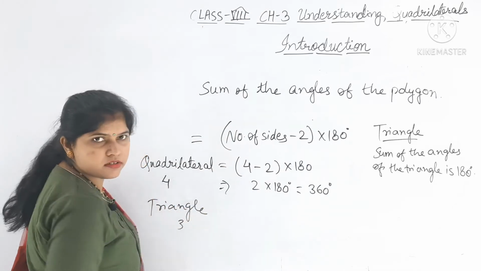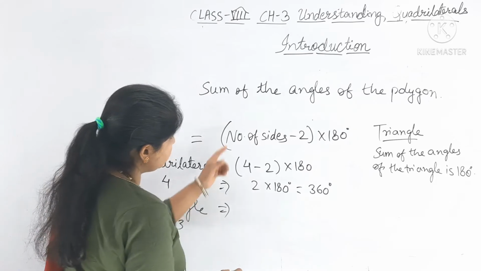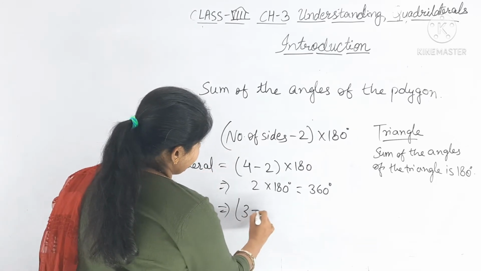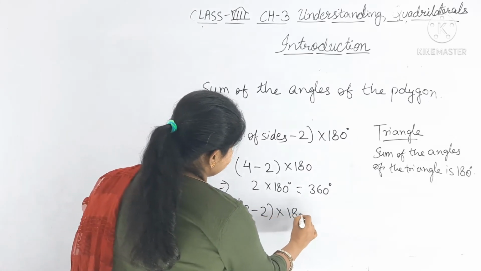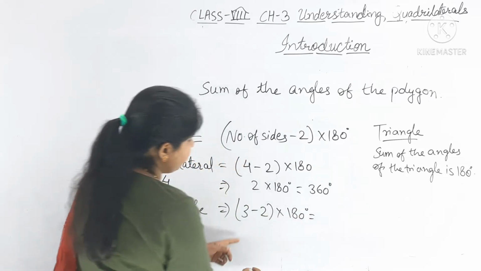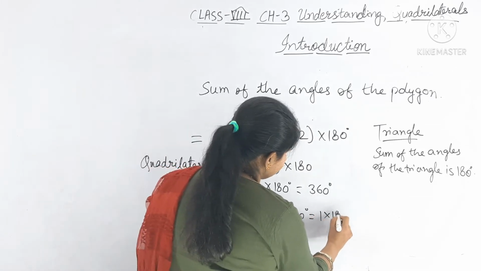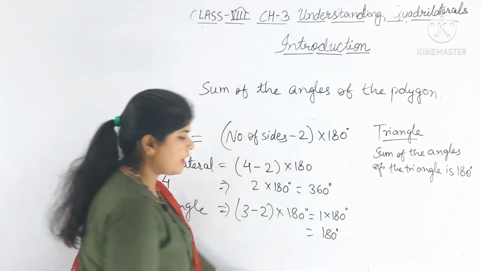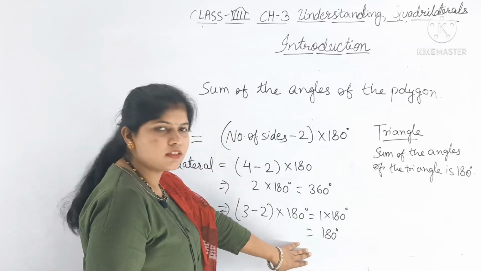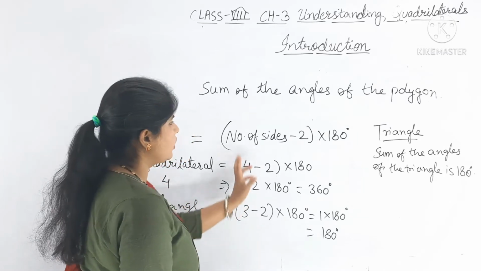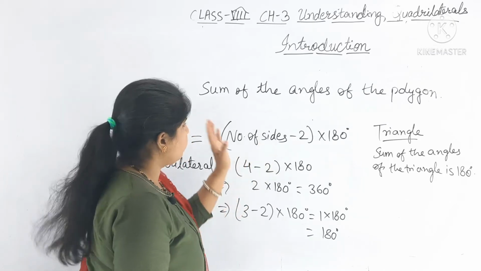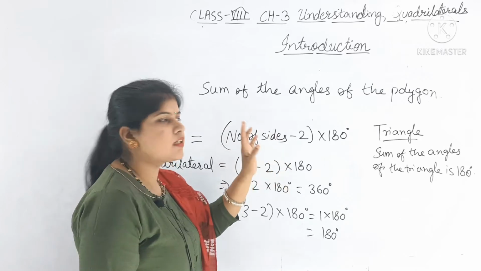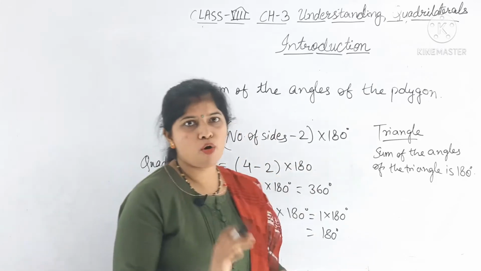Triangle has 3 sides, right? So you can write number of sides, 3 minus 2 into 180 degree. That is 1 into 180 degree. What you get? 180 degree. That is the same property for the triangle. Okay, so this is the simple formula for calculating the sum of the angles of any polygon.